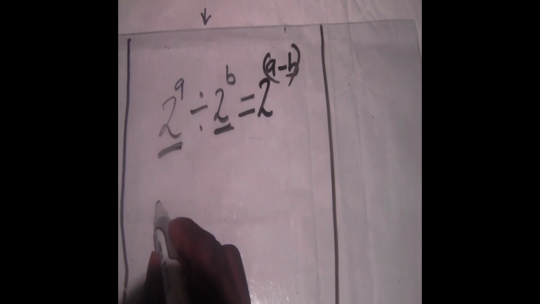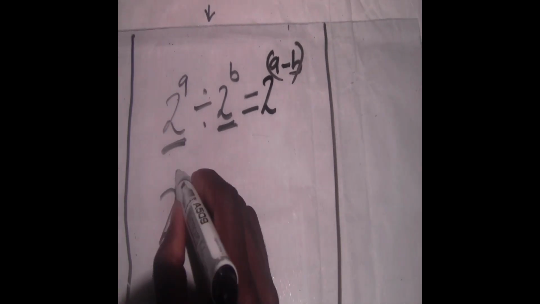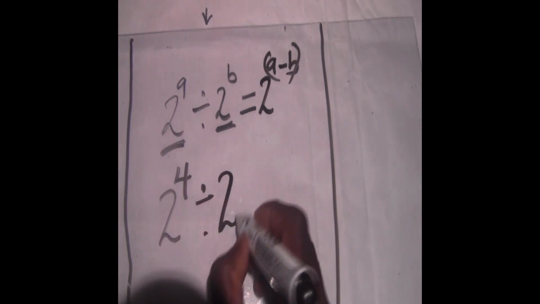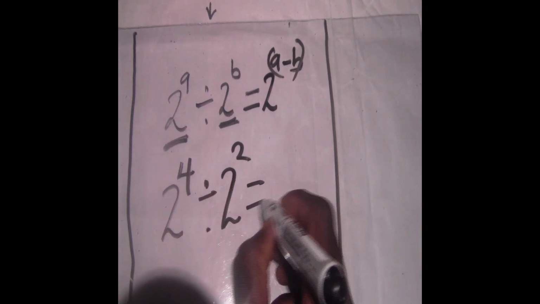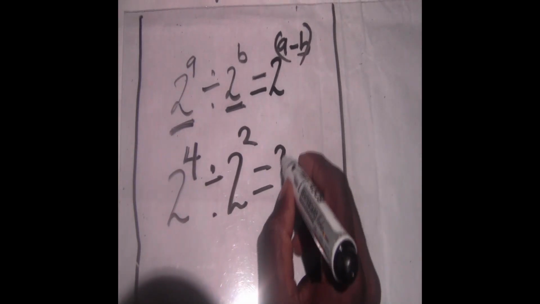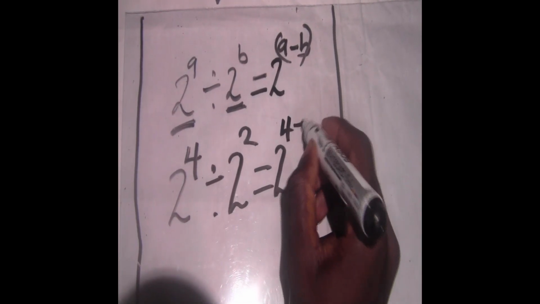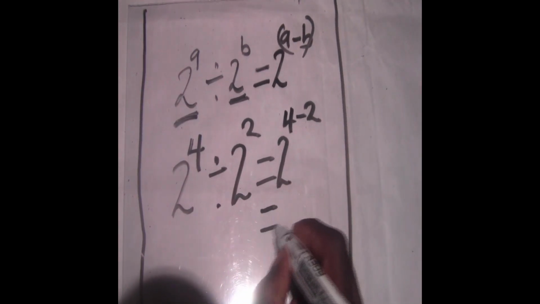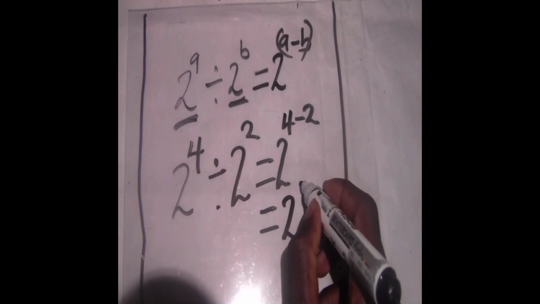And then let's replace the letters with numbers. When you're given 2 raised to power 4, divided by 2 raised to power 2, your answer is going to be 2, which is our base, and then 4 minus 2. Our answer will be 2 raised to power 2.